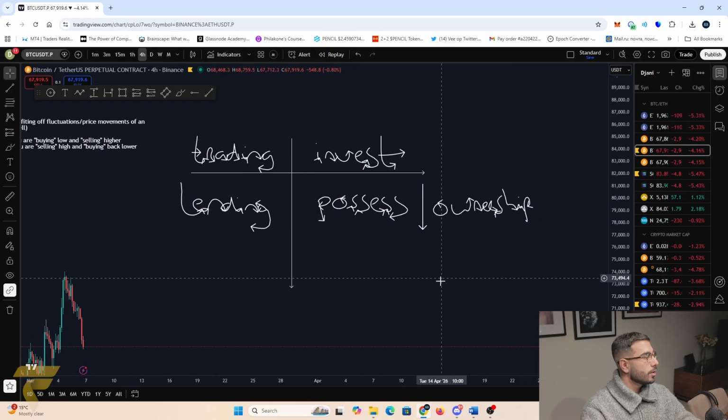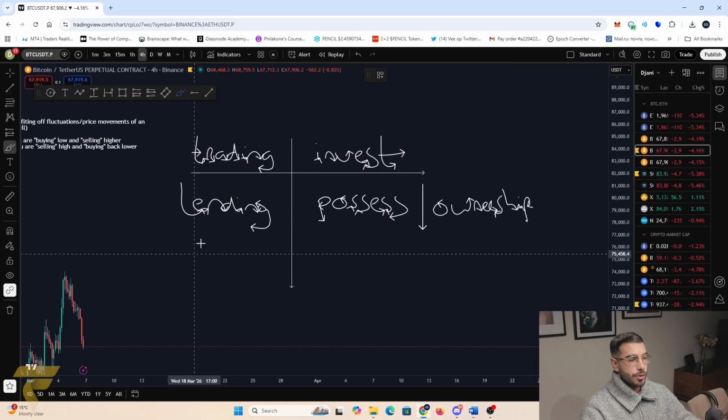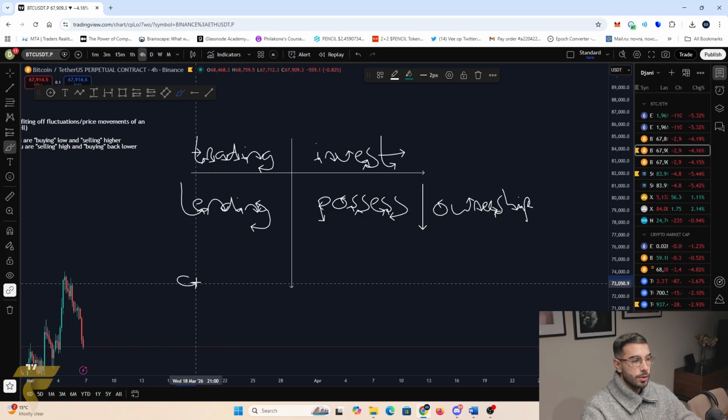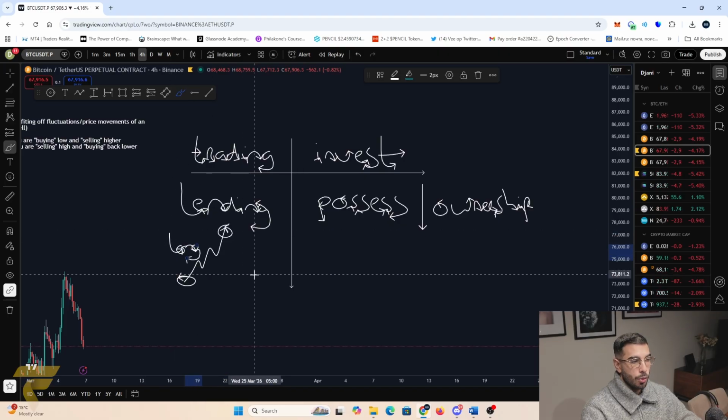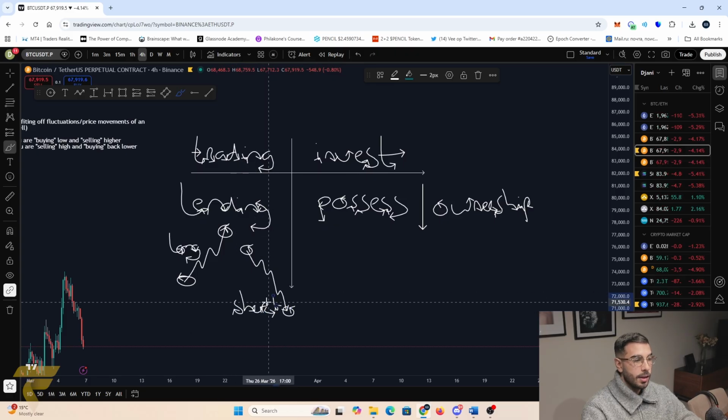Ownership, okay? And then the main difference when it comes to trading, and that's a beautiful part, whether price goes from lower to higher, as in long, or whether it goes from higher to lower, as in short, you can make money both ways.